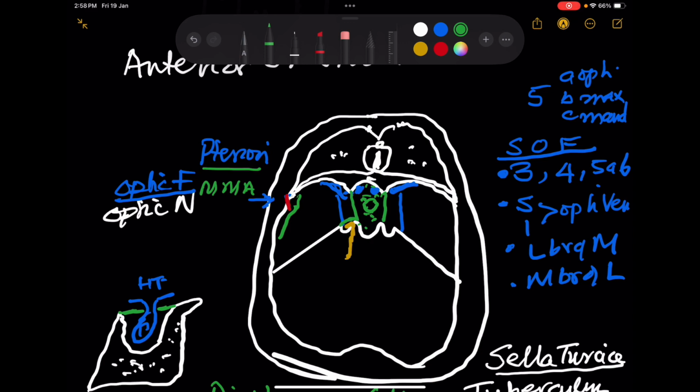The ligament covers this notch in the petrous bone. This ligament is known as the ligament of Gruber. And this nerve is the sixth or the abducent nerve.